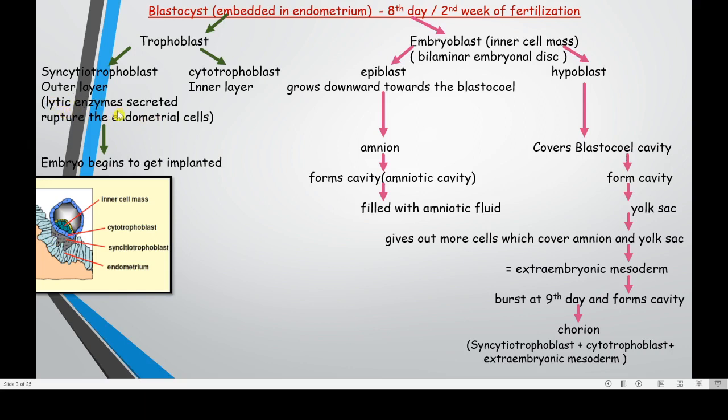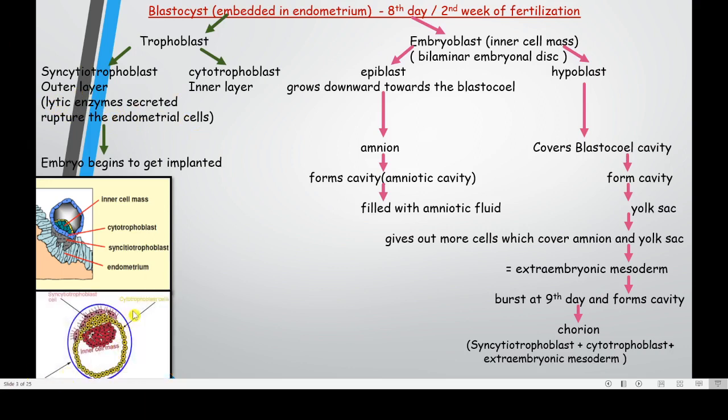Lytic enzymes are secreted by it, and because of these enzymes the endometrial cells of the uterus rupture, and this is how the embryo can be implanted there. That means the blastocyst can go deep into the endometrium because of this lytic enzyme action on the endometrial cells.